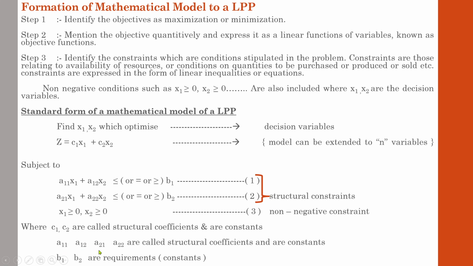A11, A12, A21 and A22 are structural coefficients and they will be constant. They don't change. Constants mean they are represented in numbers, numerics. That is the meaning of constants. Finally, B1 and B2 are the requirements and are also constants, represented in the form of numbers. And X1 and X2 are decision variables. These are the various steps that have to be prepared while dealing with an LPP problem.